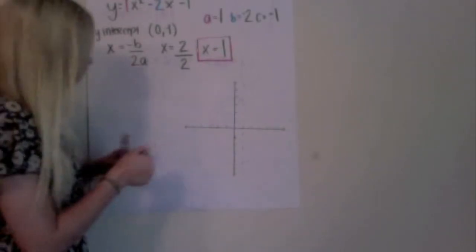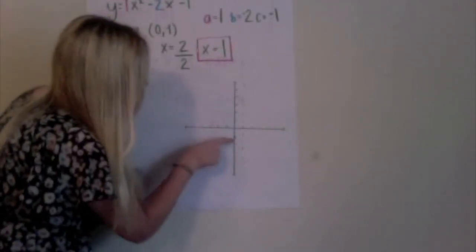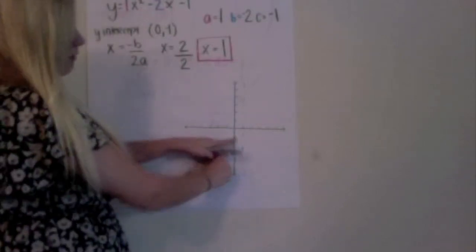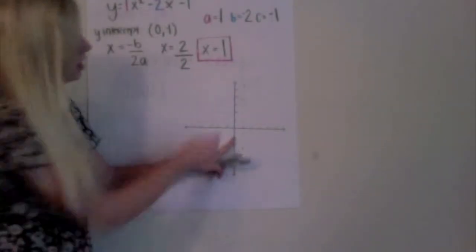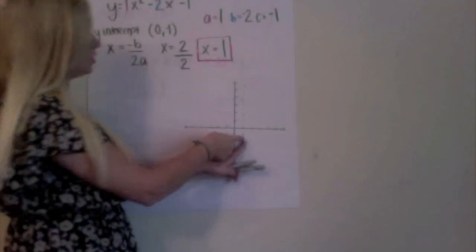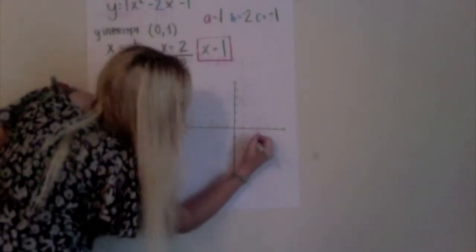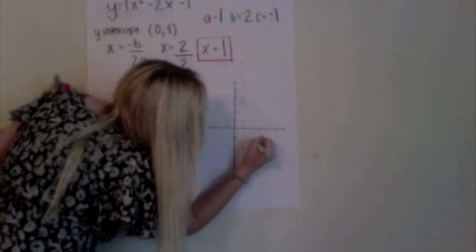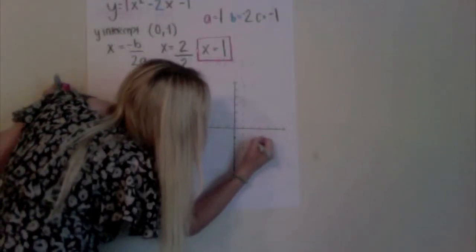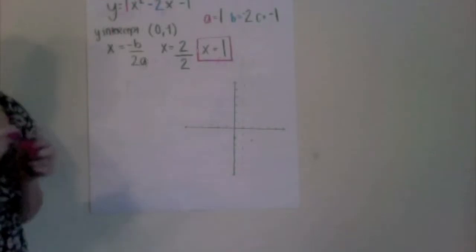At y equals -1, we have a point when x is 0. That is 1 away from our axis, so we go 1 away in the opposite direction, and we have another point at 2, -1. That is on our equation.